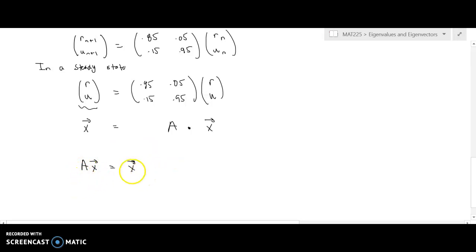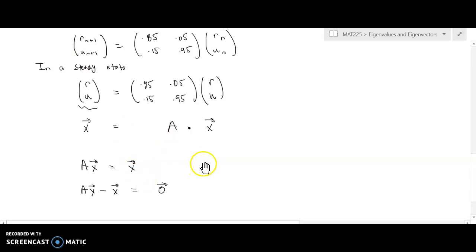So what I'm going to do next is subtract x from both sides, and that gives me Ax minus x equals the 0 vector. So remember, when we subtract x from itself, we don't get the number 0, we get the vector 0.